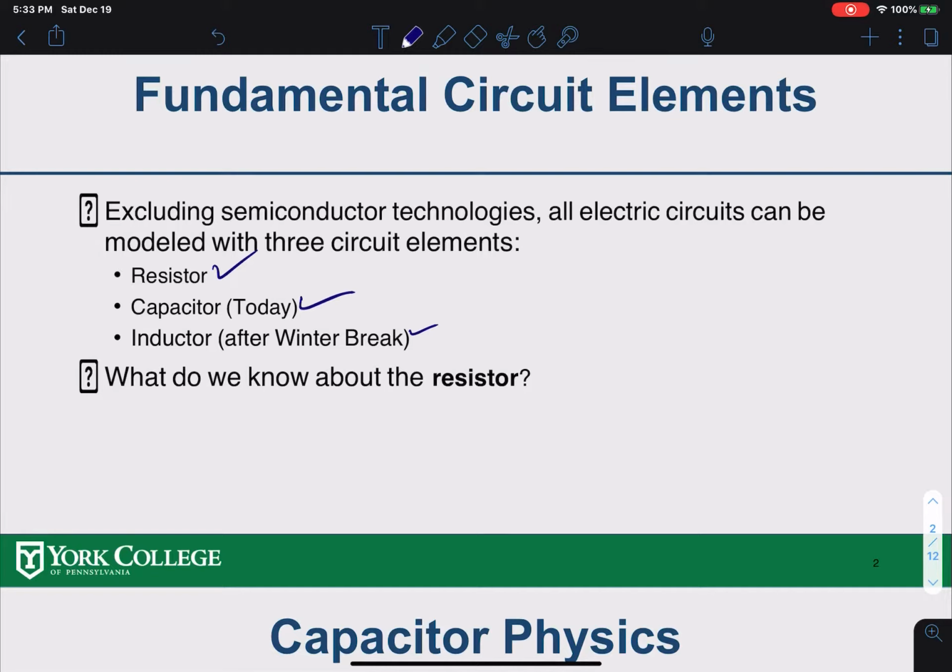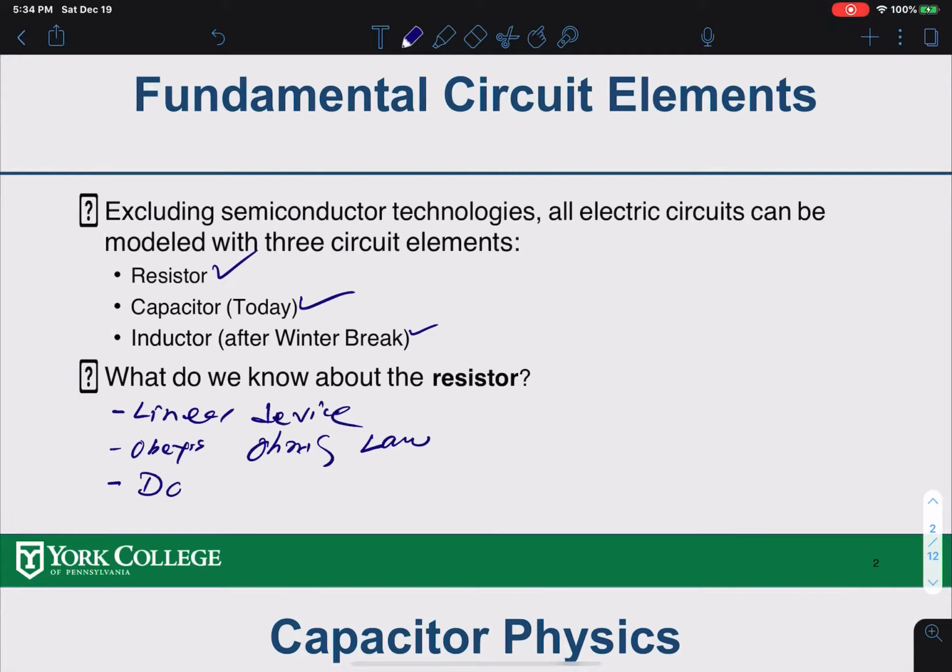what we know about the resistor. So the resistor, we know that this is a linear device. It obeys Ohm's law. And also the resistor does not store any energy.